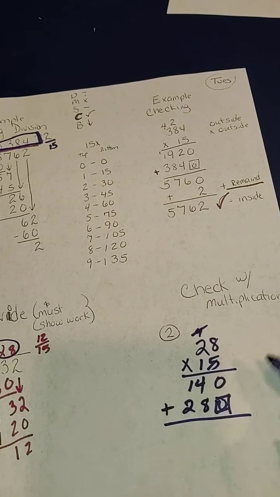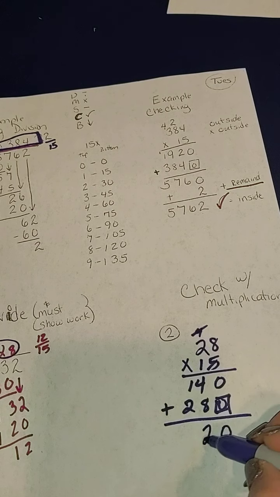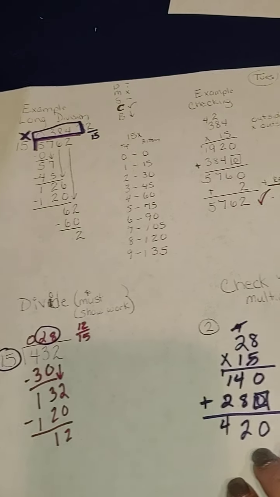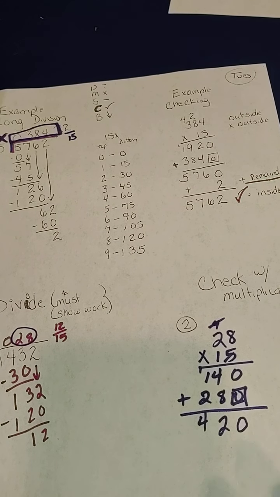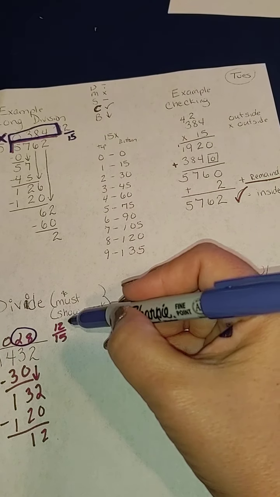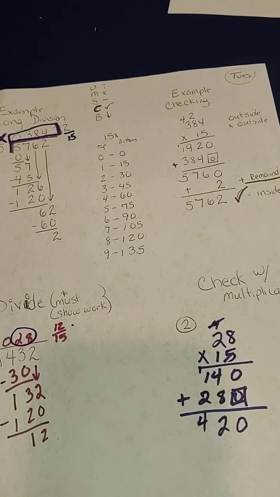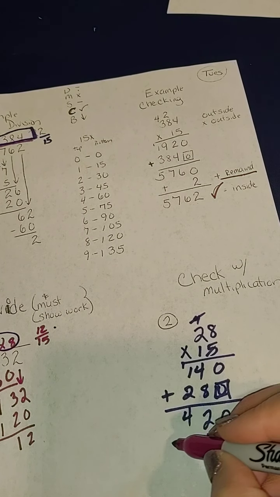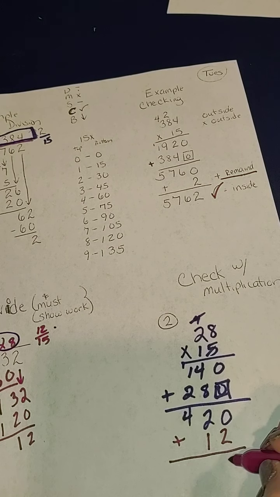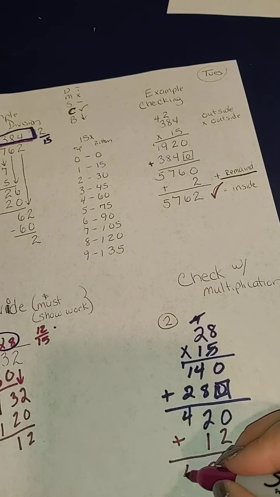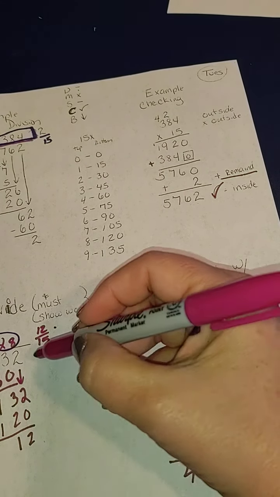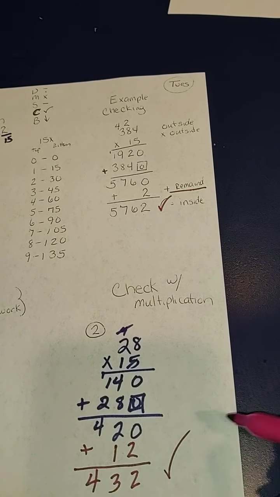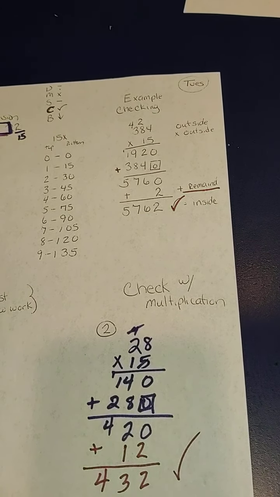I'm ready to add. Okay, now this does not equal, but I have a remainder. So I'm going to come back over here and add my remainder of 12. 432. So my checking checks out. So my division was correct.